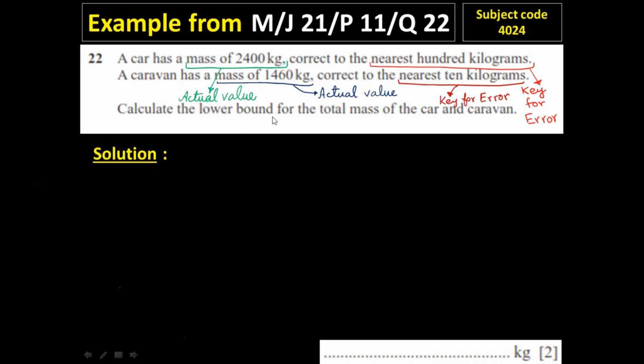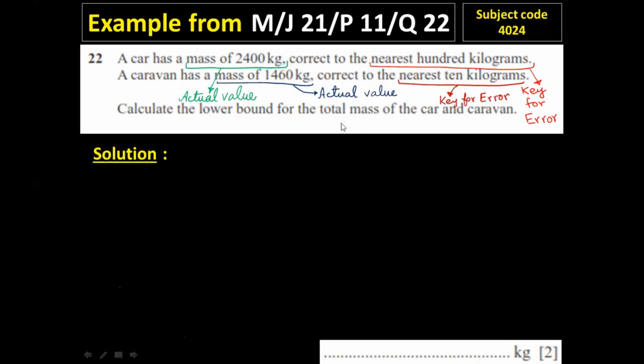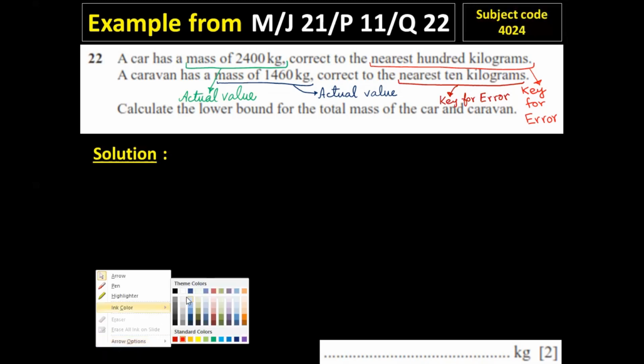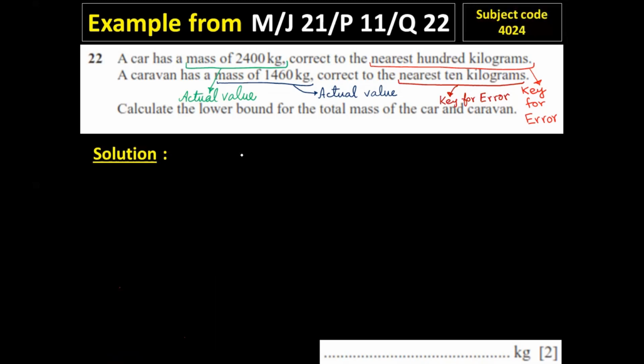You have to calculate the lower bound for the total mass. So this is not direct approach, this is indirect approach because first you have to use the formula and then you are going to convert it into the lower bound for the total mass. So the total mass of the car and the caravan will be the sum of the mass of car and caravan.